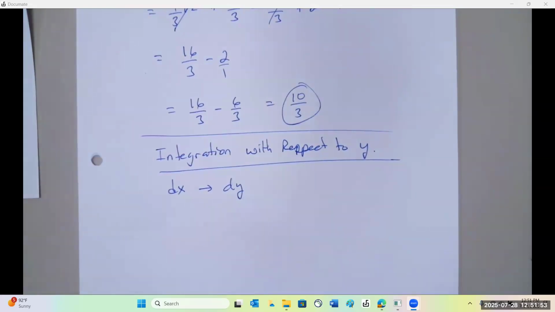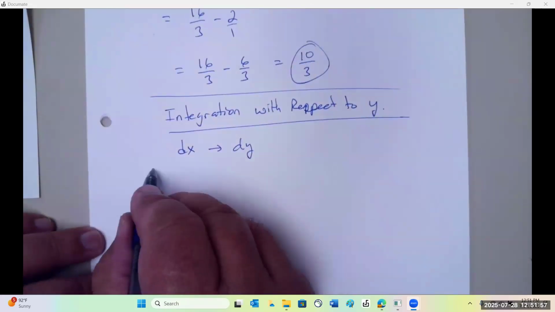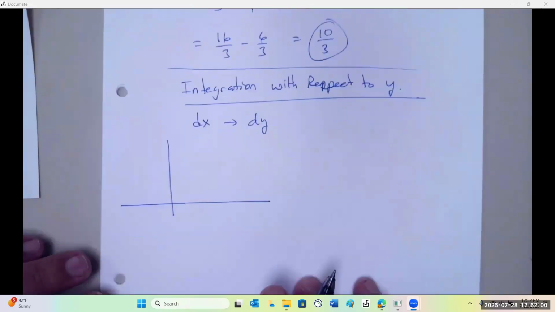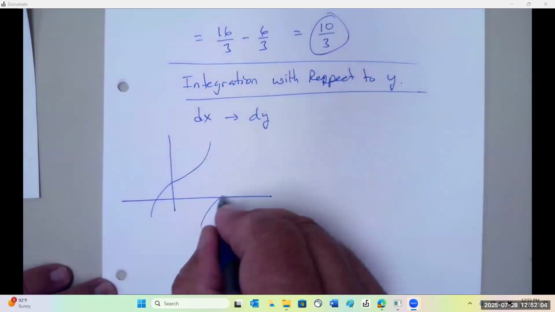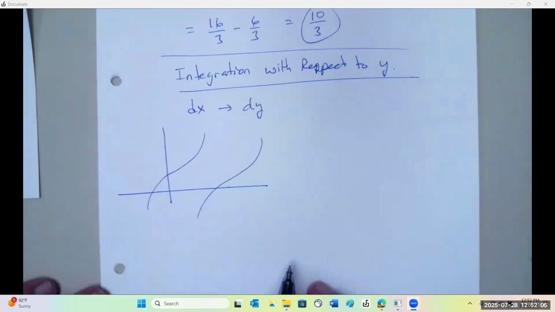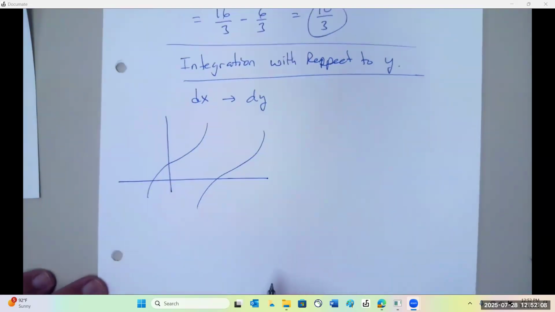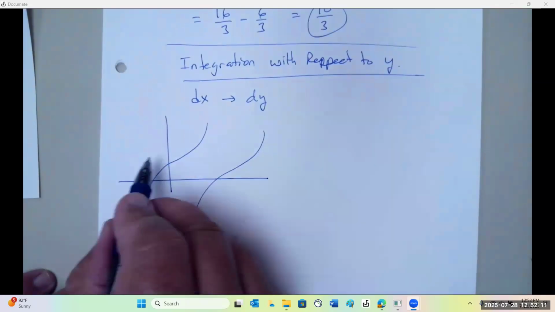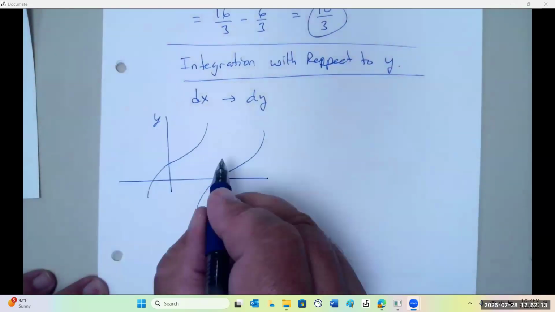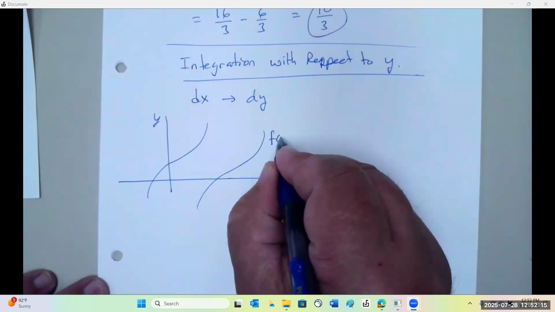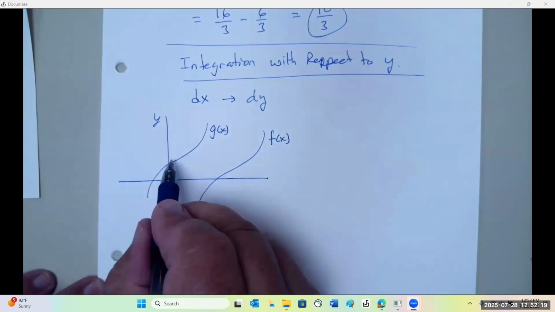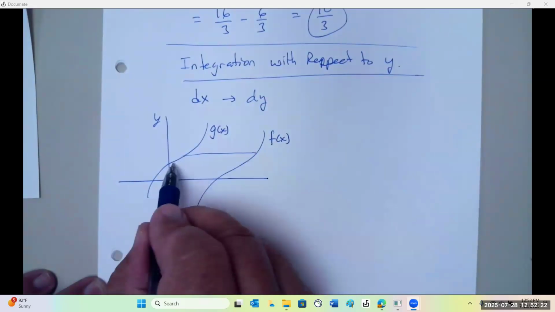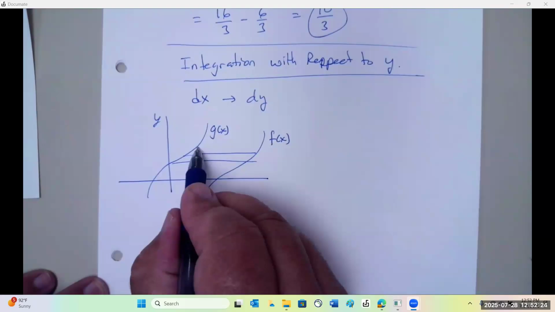Instead of having vertical columns, we're going to have horizontal columns now. Since we're looking at it with respect to the y-axis, the outer one will be my f of x, my inner one will be g of x, because now I'm going to take these areas.